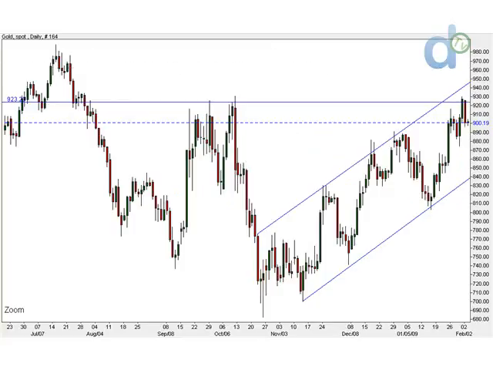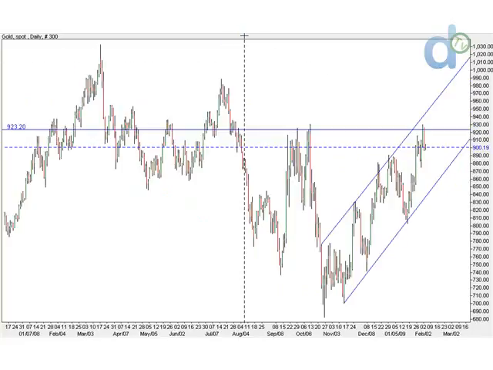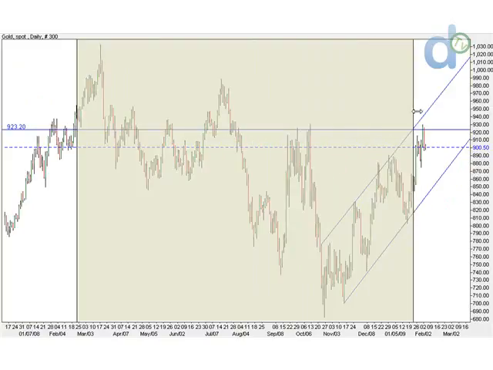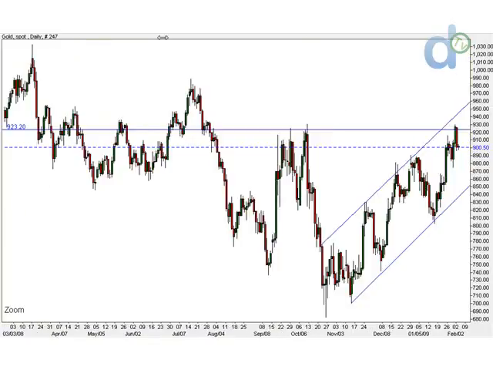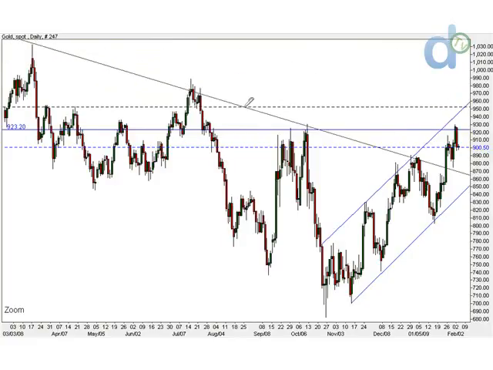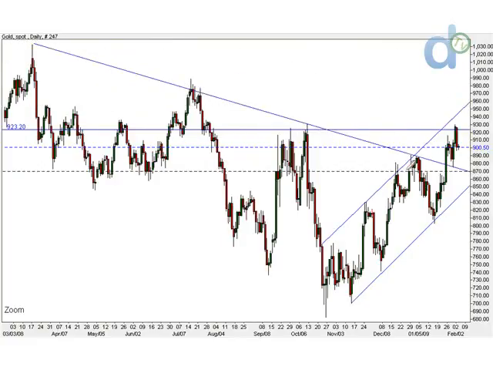I just want to zoom out for a second. I want to show you something interesting. If we look carefully here, let's just zoom in from roughly around here. If we look carefully, we can actually see that we've broken this major trend line going down and we're starting to head higher. So we're at a critical level around here.